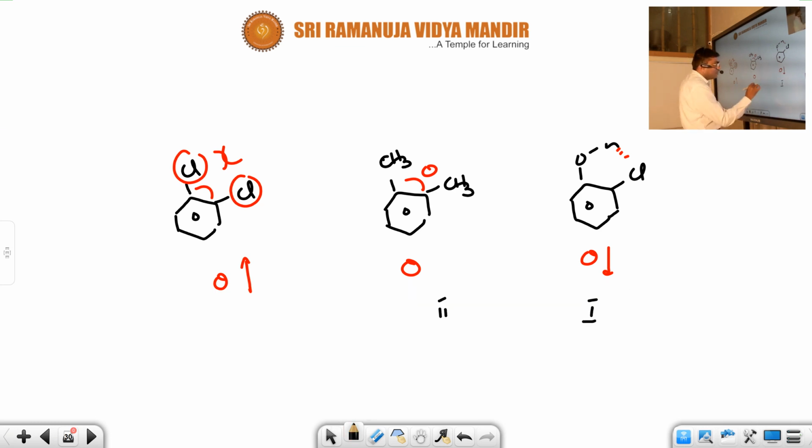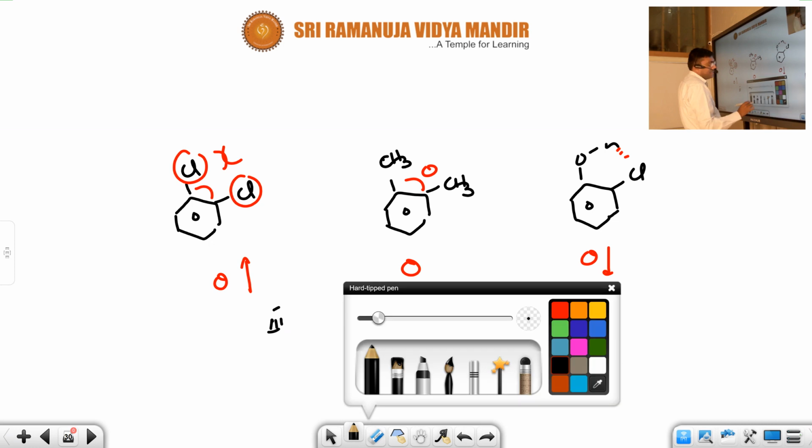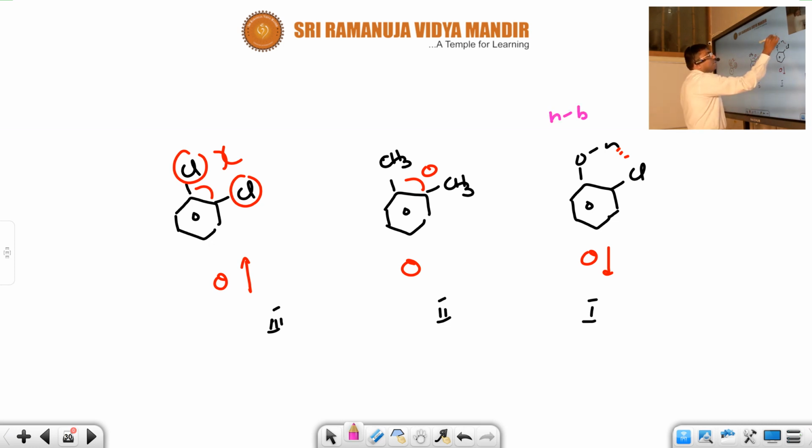So this is 1, this is 2, and this is 3. I hope you understood. So what is the reason here? The reason here, students, is hydrogen bonding. And this is a standard, there is a repulsion here. I hope you understood. This is a very highly rated concept asked in the previous examination. This is a 5-star rated concept.